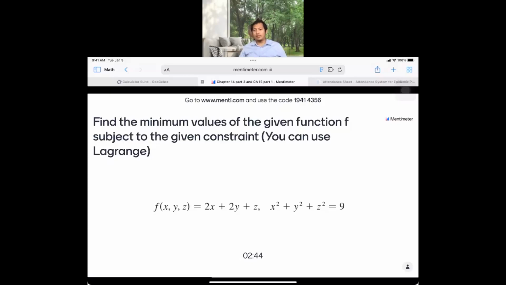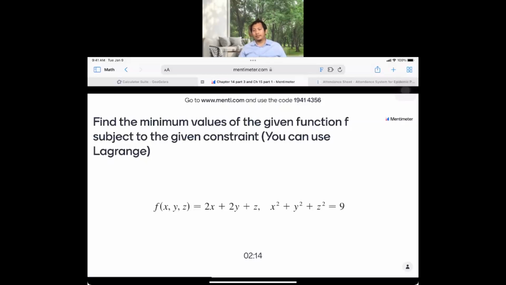Take the gradient vector of g, and set gradient f equal to some scalar multiplied with gradient g, and we can have several equations. It could be linear equations that you need to solve, or you can substitute some values, and by the end of the day you will get some possible critical points.